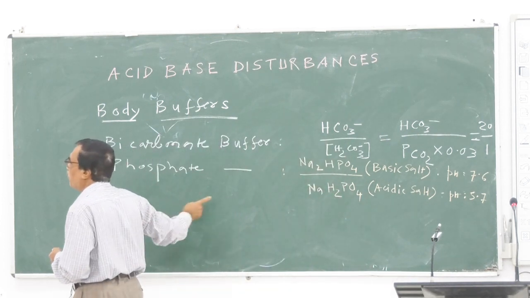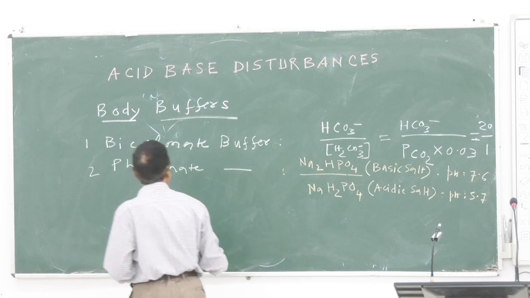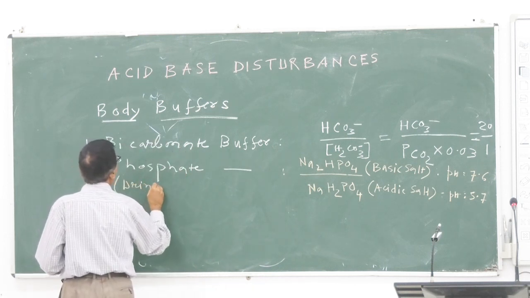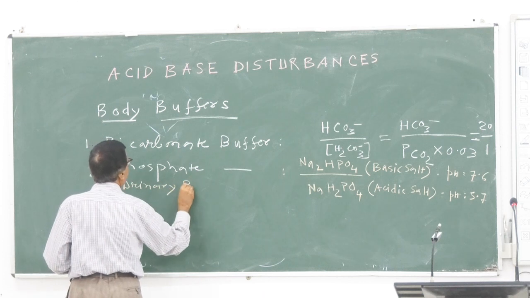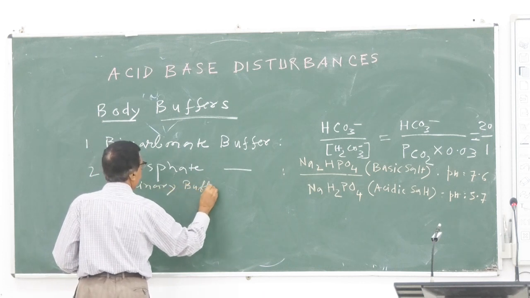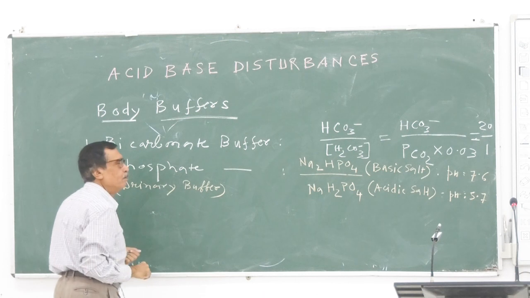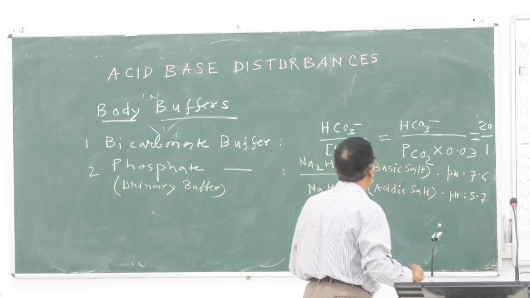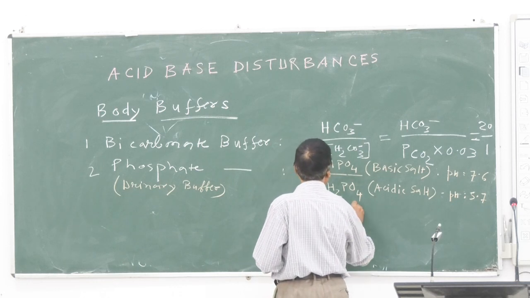This is the main buffer present in the kidney, so it is known as urinary buffer. Mainly present in the kidney, and the ratio is 4/1.